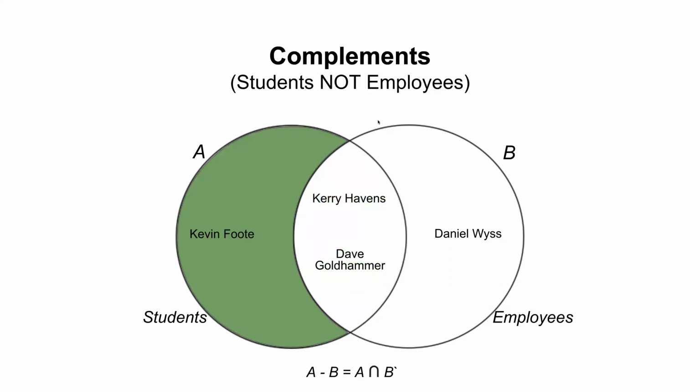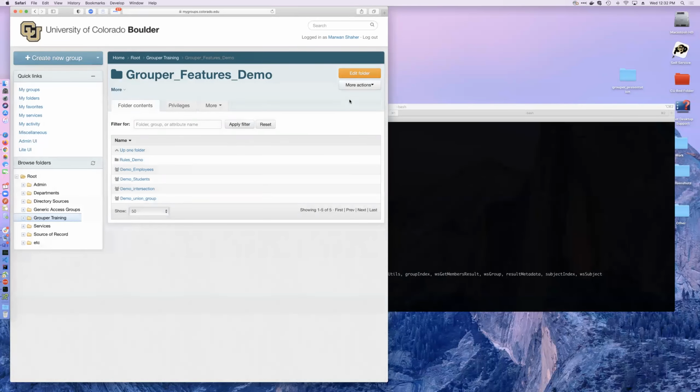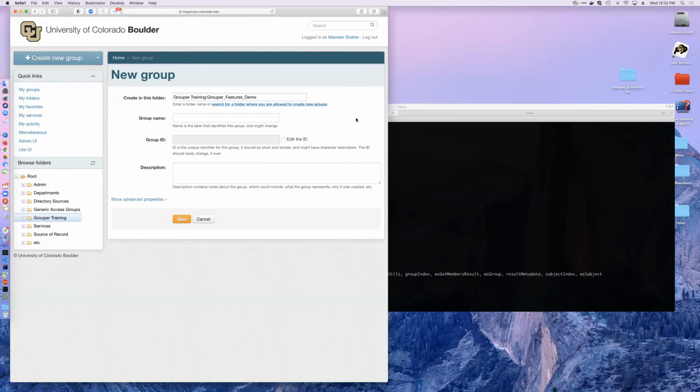A complement is the one group minus the other. So if I want to get group B minus group A, that should be done the same way. Let's do it here. I create a new group called demo_complement.